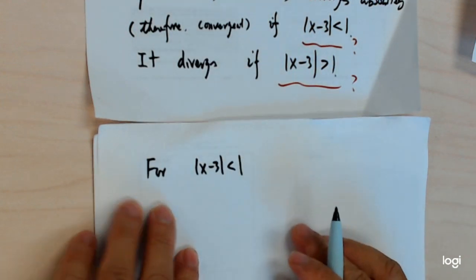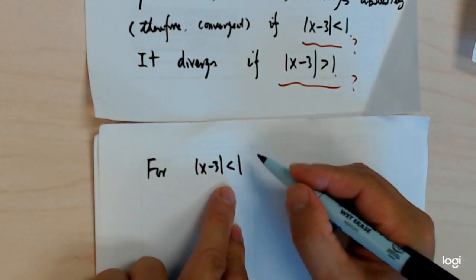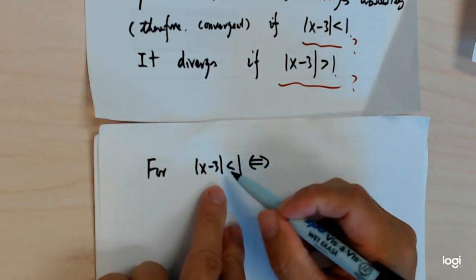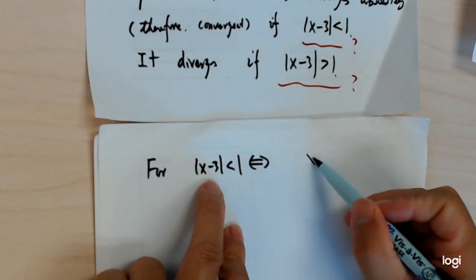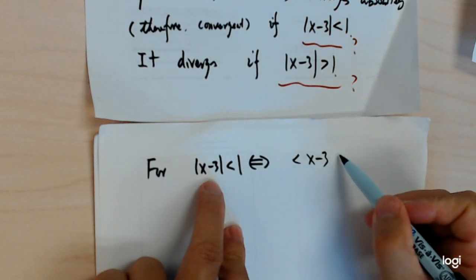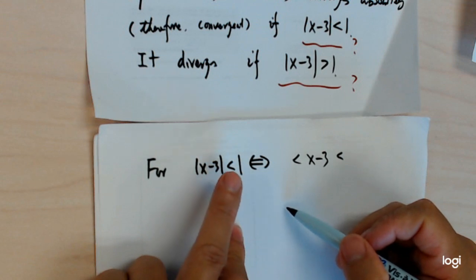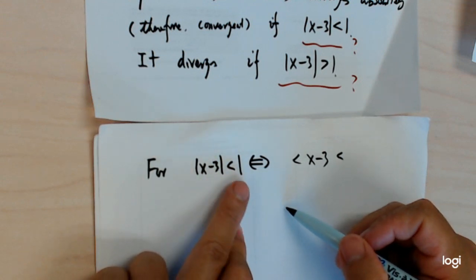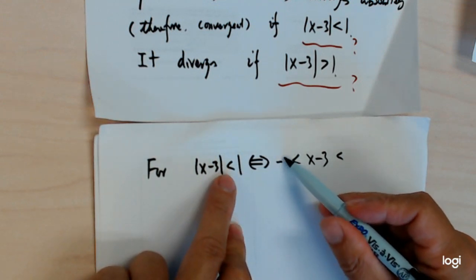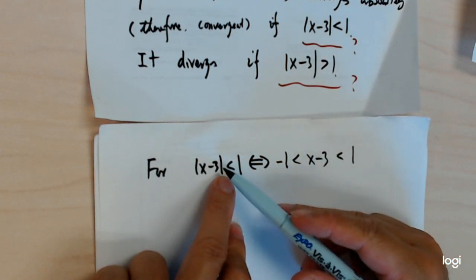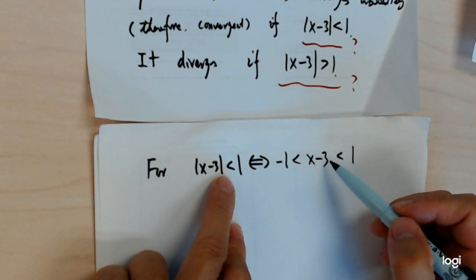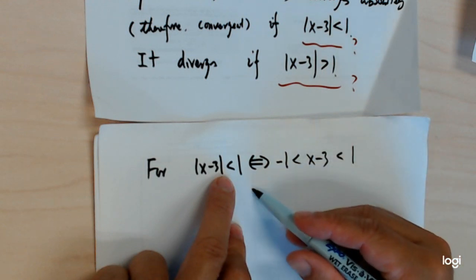Let's try to solve this absolute value inequality. Some number's absolute value being less than 1 is equivalent to saying that number is between -1 and 1. So this gets rid of the absolute value sign and becomes the usual inequality.